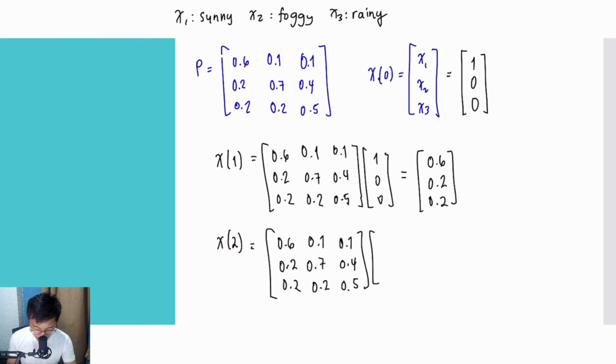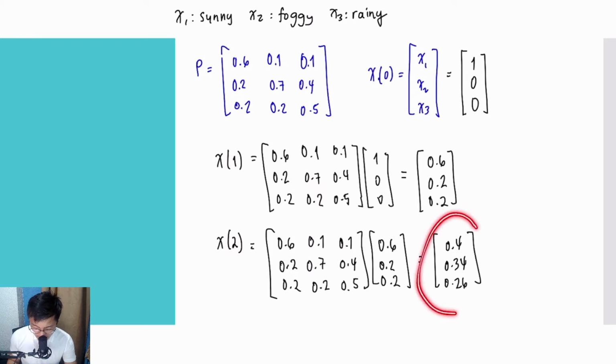So we will now use 0.6, 0.2, 0.2. Okay, so what will happen to the result? We will have 0.4, 0.34, and 0.26. So you see, the values are really changing depending on the state vector at the previous time.